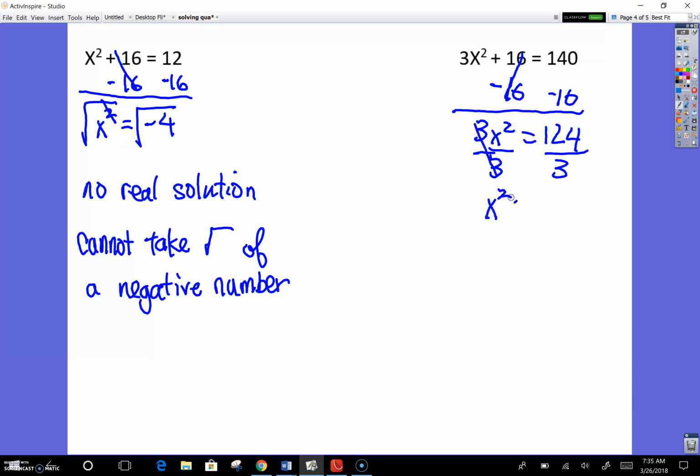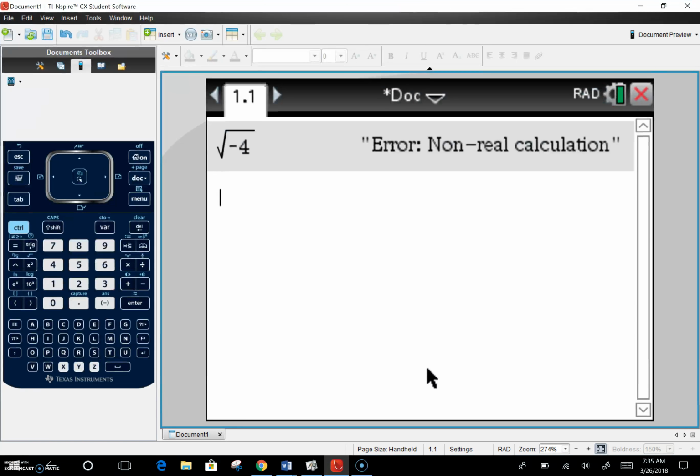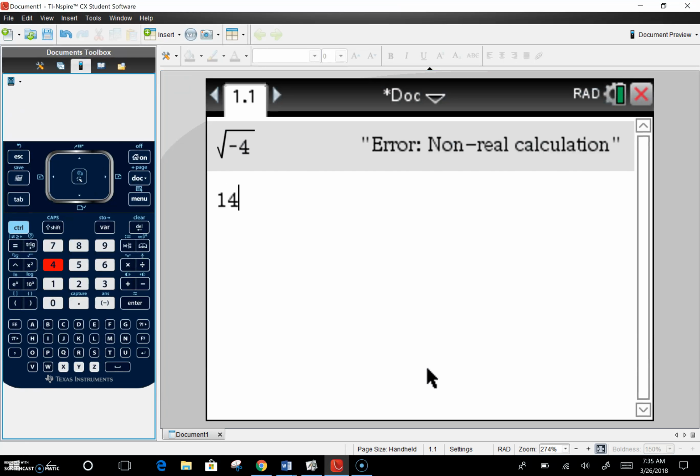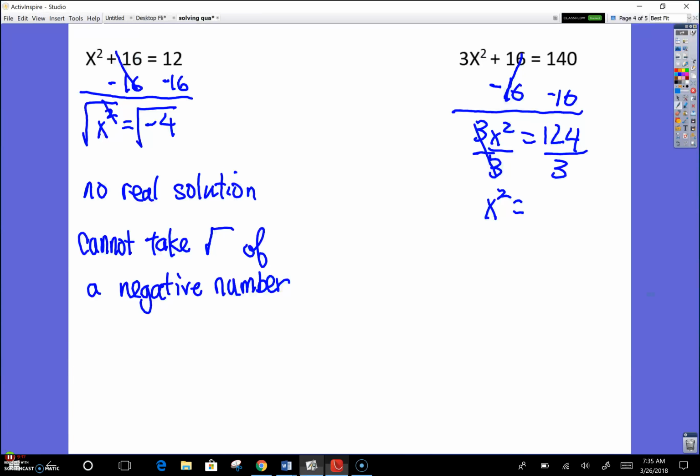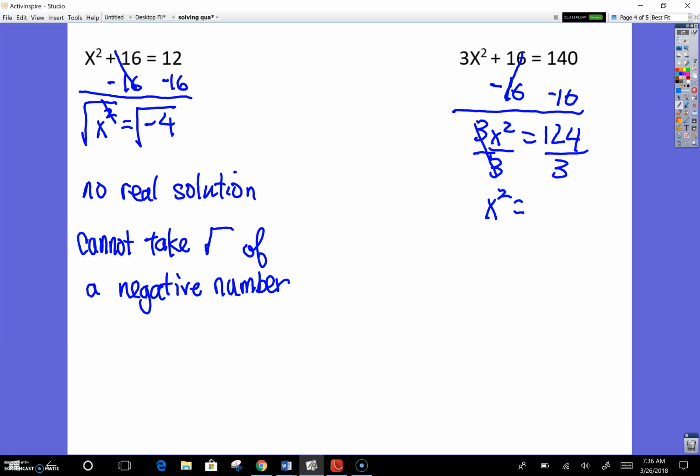X squared is equal to 124 divided by 3. Enter. 41.33.